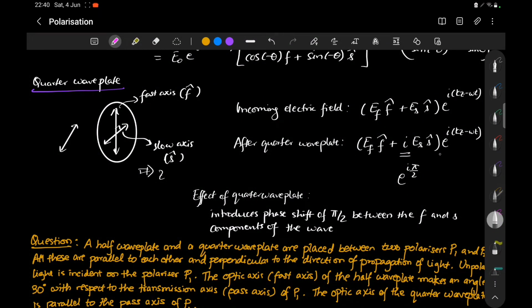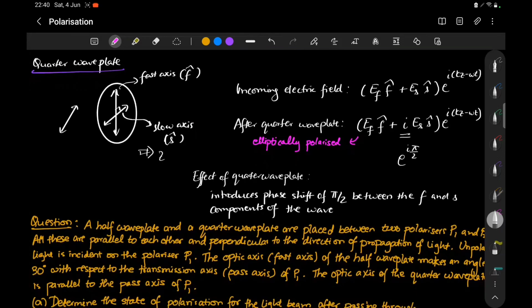This electric field right here is elliptically polarized, and if E_F is equal to E_S, then we have circularly polarized light.